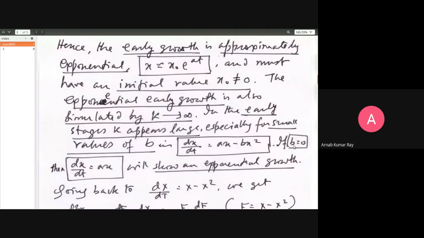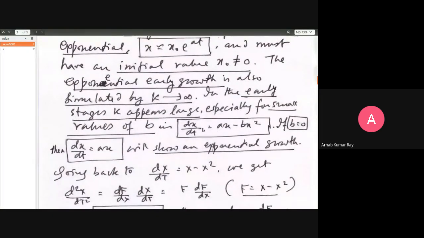But suppose b is equal to 0, in the equation that we started with. Then dx dt will just be equal to ax, and you will have a purely exponential growth. You integrate it, and you'll get x is equal to x naught e raised to at. We discussed that when we discussed the linear autonomous system, where only the linear part remains.